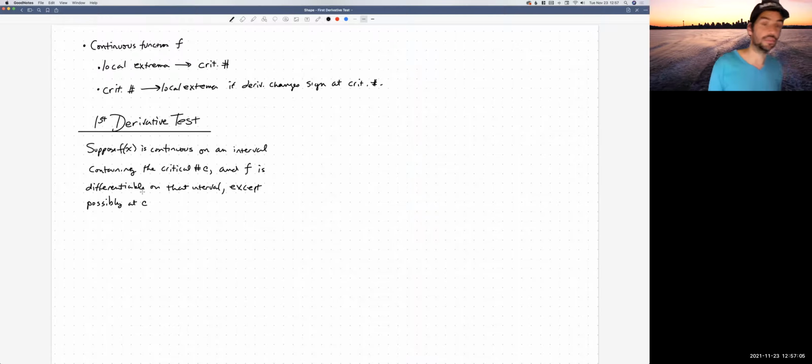Right, so like in that absolute value example, our function wasn't differentiable at that point, but nearby it was.